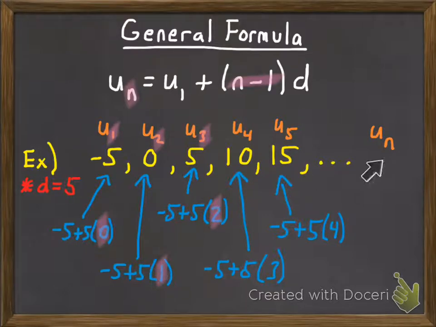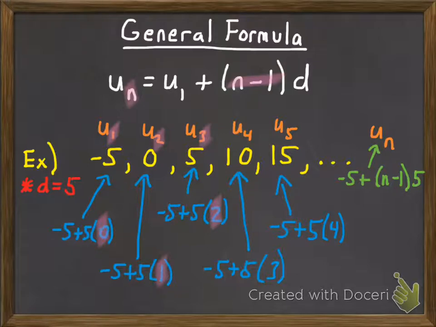So for this specific sequence, if I was wanting to tell what the value of the nth term is, I would take the first term, negative 5, and I would add the common difference 1 less than n times. So I would add it n minus 1 times, and the common difference is 5. Does that make some sense?